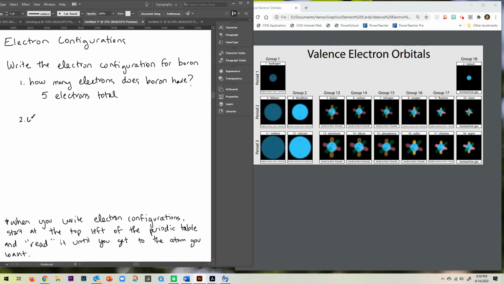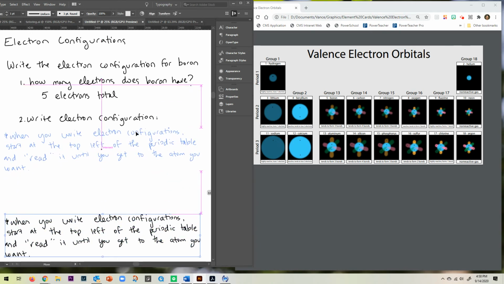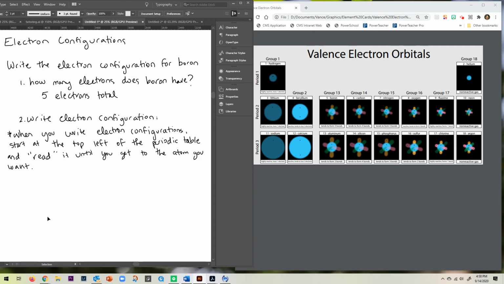So step 2, write the electron configuration. And maybe I should just even put this up there because this is what we need to know in order to do this. So let's write our electron configuration down here. So start with my first energy level. So let me write 1, my first energy level. And in my first energy level, I only have an s orbital.